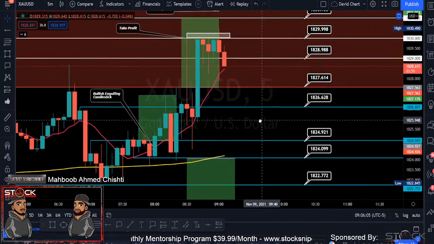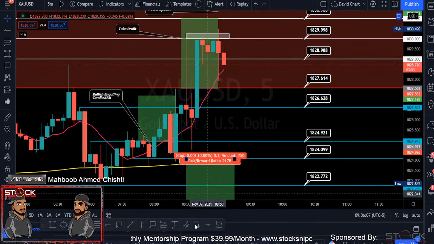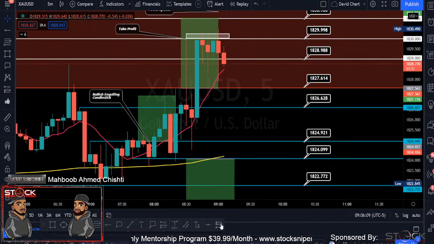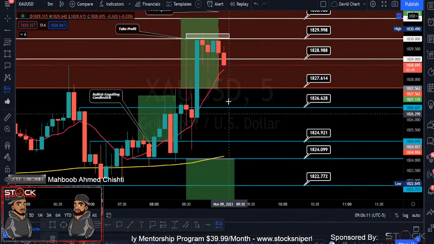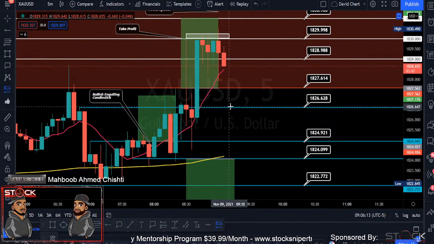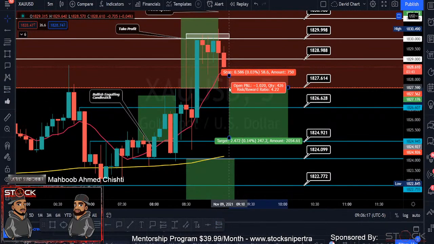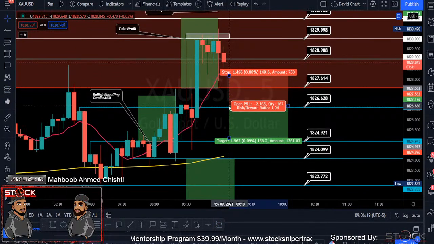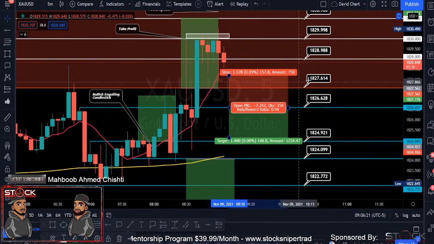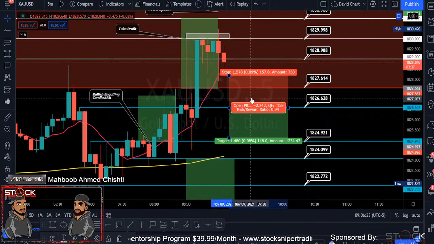All right, if price starts to break below here, okay, I need it breaking below this overall momentum down here. If it starts to go, you can look at 1827 or 1826. Okay, you can see that's a 10 pip move from here to here.